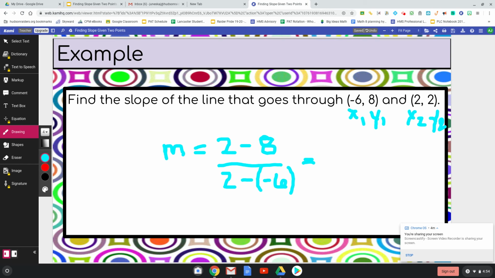When we do the computations here, 2 minus 8 is -6, and 2 minus -6 becomes 8. We can reduce this like any other fraction to lowest terms, and this becomes -3/4. So the line that goes through these 2 points has a negative slope of 3/4.